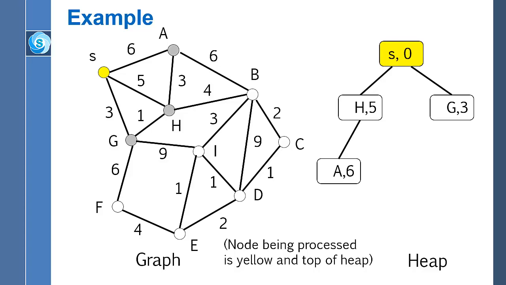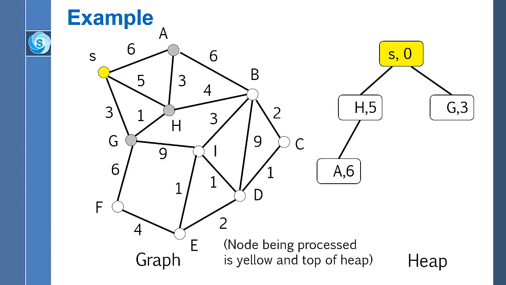All right, well, when we discover H, something that isn't said in the slide that perhaps should be. Remember that I said H.D is infinity, right? A.D is infinity, B.D is infinity, C.D is infinity, and so forth. In the beginning, H.D is infinity, right?